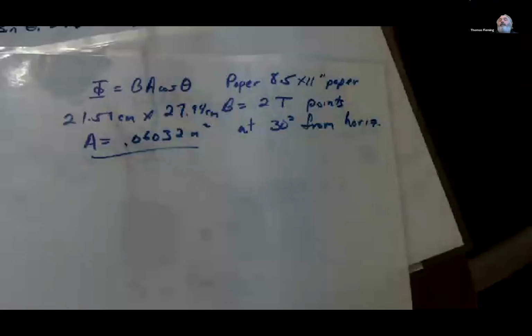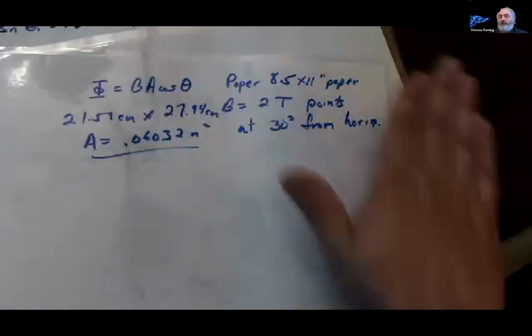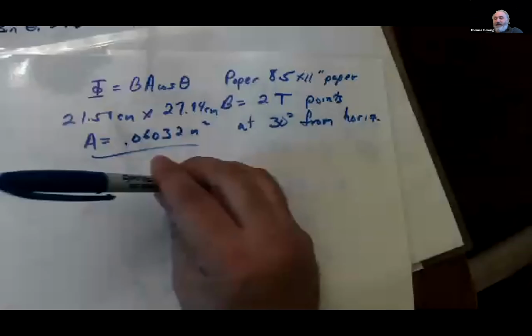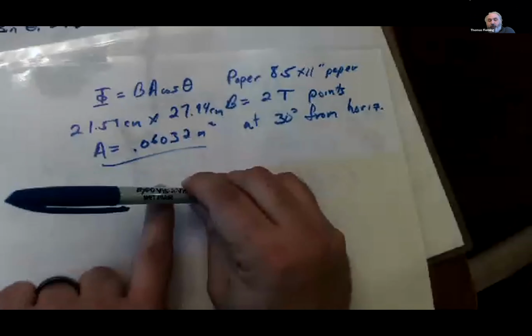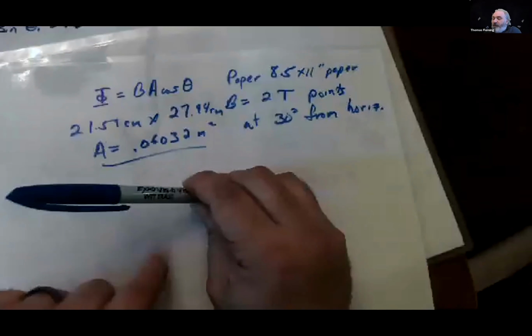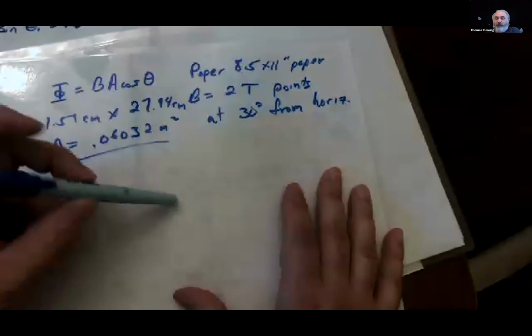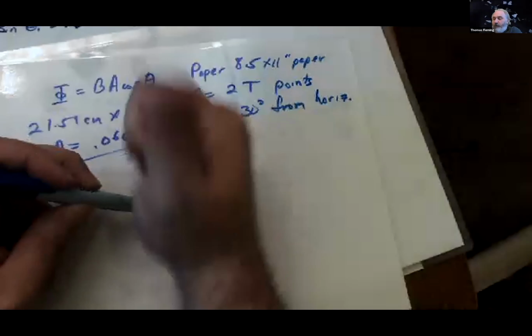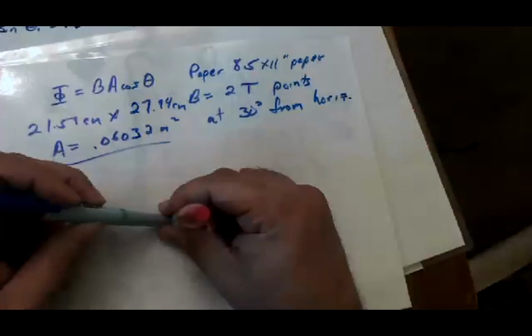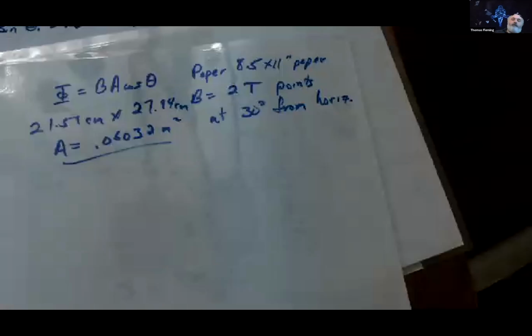Except here's the problem. 30 is not the angle you want. 30 is the angle between the horizontal and B. So here's horizontal. That's the plane of the paper. Here's the magnetic field pointing out of the plane of the paper, and this angle right here is 30 degrees. But the cosine of theta that I need in this equation is the angle between the magnetic field and the area vector. The area vector points straight up. So it would be 60.